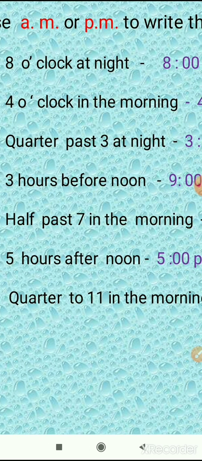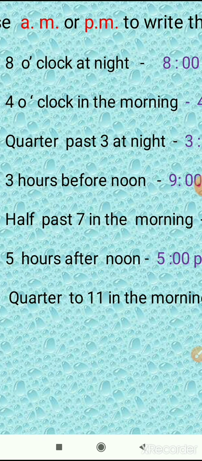Next example: 7:30 in the morning. Half past means the minute hand is on the number 6. When the minute hand is on the number 6, how many minutes past is it? Yes, correct, 30 minutes past.